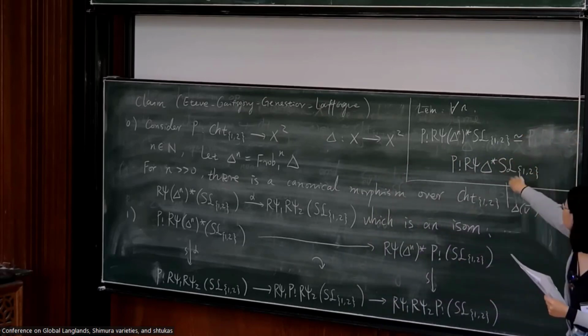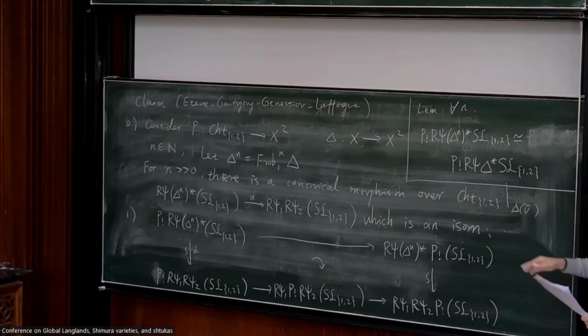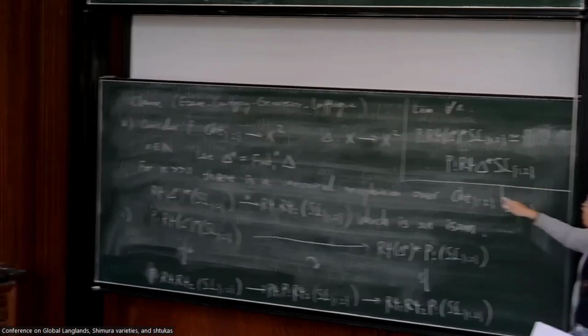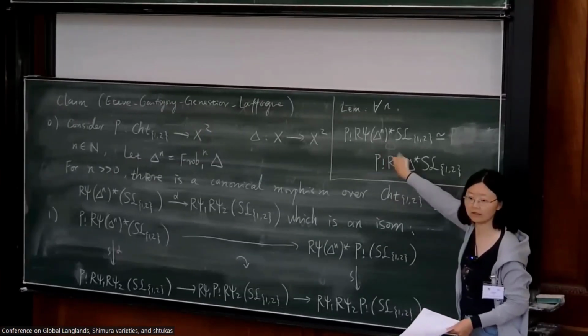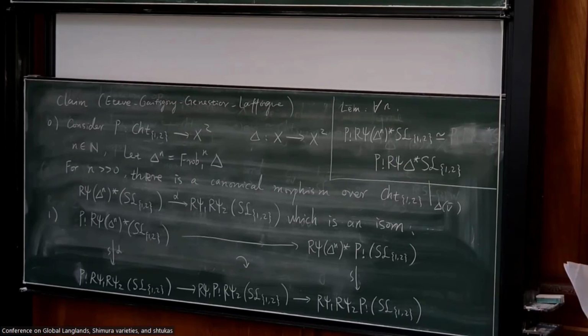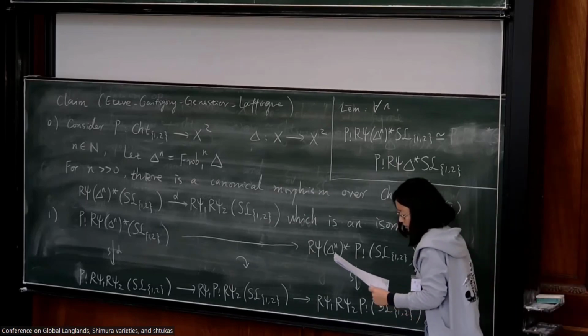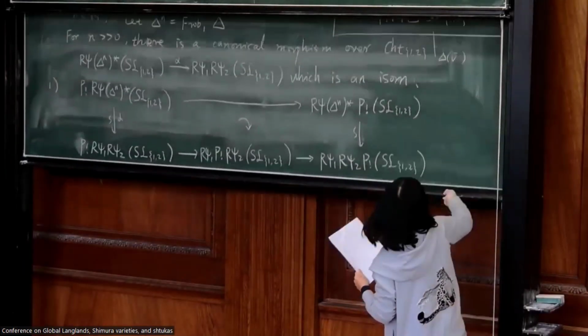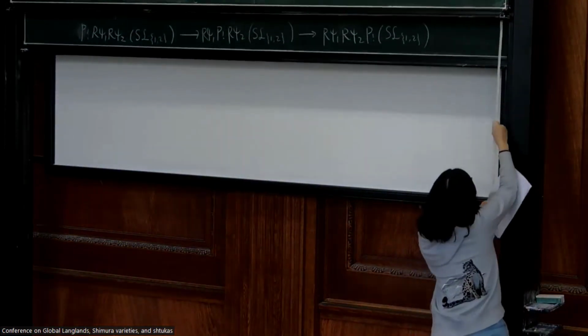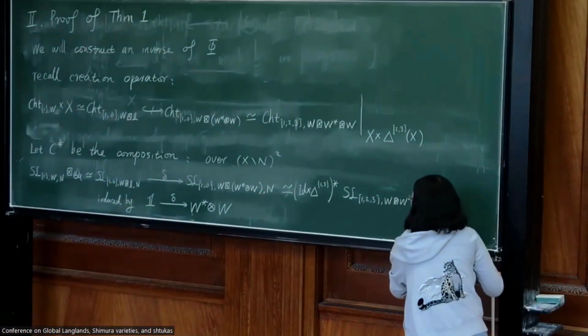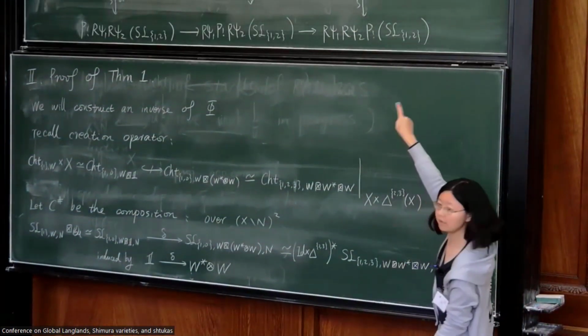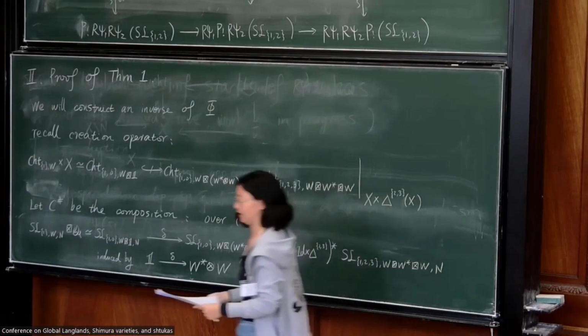So it just uses the action of partial Frobenius on XC. When we take direct image, we can identify these things. And to get shtukas with 3 copies, I just finish the claim and then I think I will stop there.